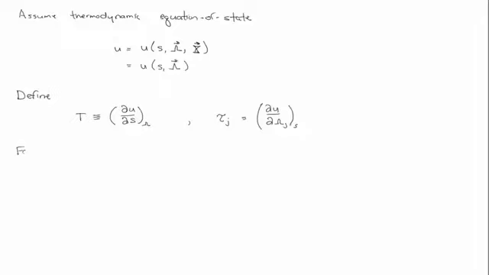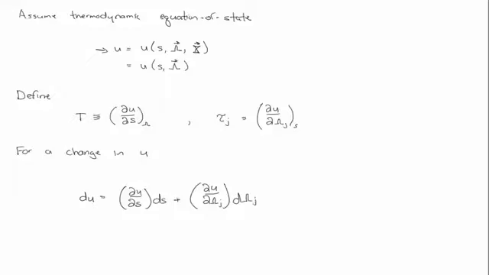So for a change in U, if we just apply the chain rule, dU = (∂U/∂S) dS + (∂U/∂Λ) dΛ, that's equal to, if we use our definitions, this guy.